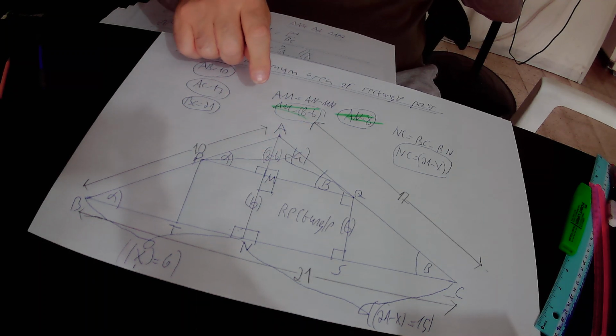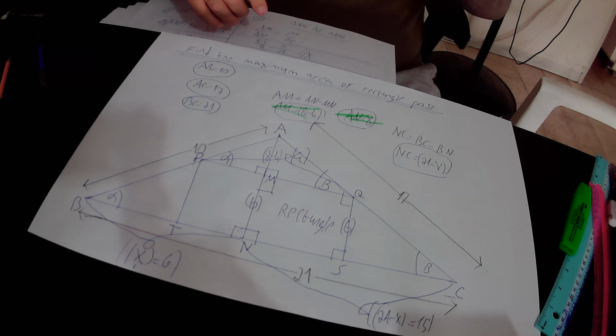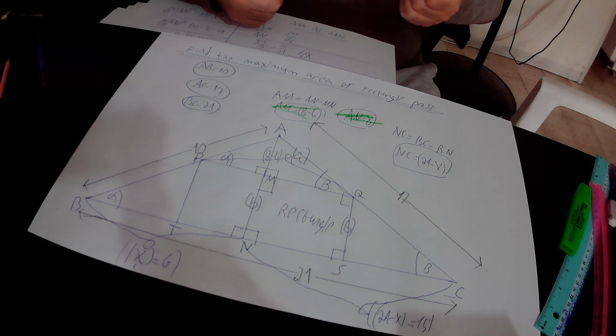From the fact that those two right triangles are similar, we derive that the following equation 2 is true. We know that in similar triangles, the ratio between the heights is equal to the ratio between the sides.